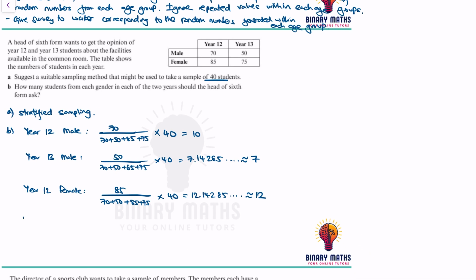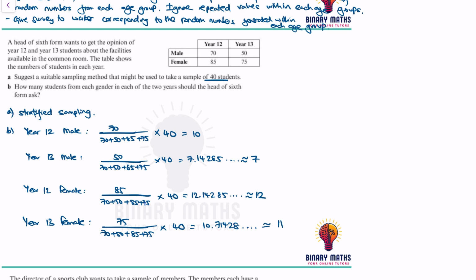And the last one I need to do is Year 13 female. So what is the amount of the Year 13 female? It's 75 out of the total population, which is 70 plus 50 plus 85 plus 75, times by the sample size, which is 40, which gives me 10.71428 blah blah blah, which rounds up to 11.